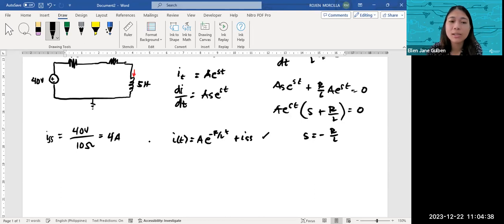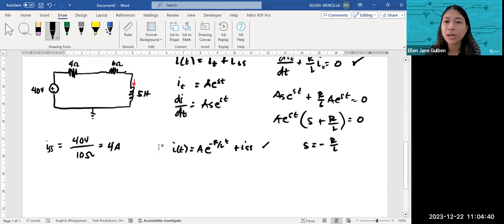This is the steady state of this circuit if they have a longer period of time. So I of t is equal to A e to the negative R over L t plus 4 amps.